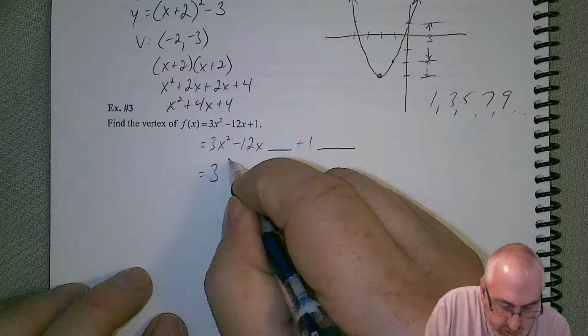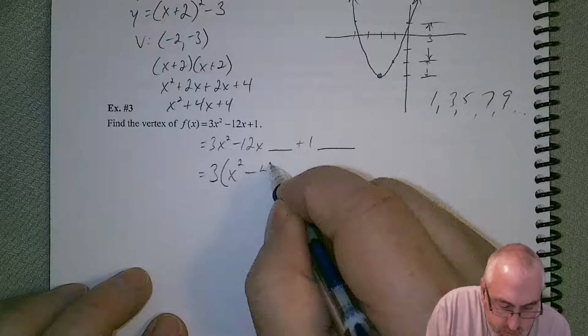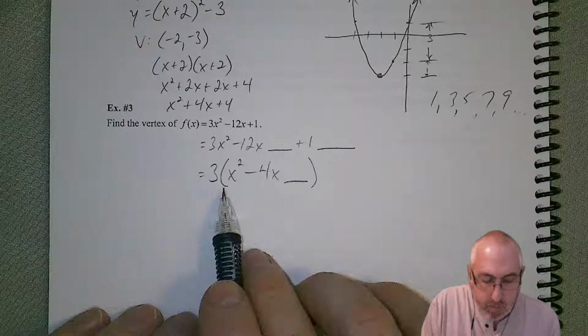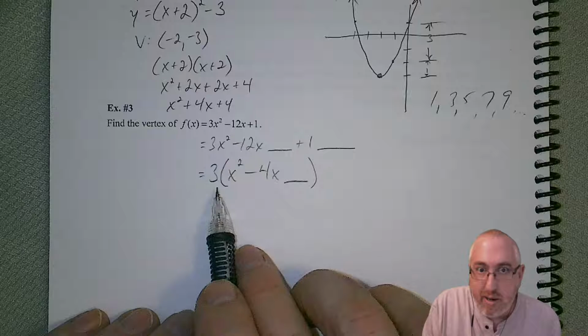So we're going to have a 3, our parentheses, our -4x, and then our blank. Now again, these aren't the same blanks per se, but we're going to put it all together here in a second. So we don't like to have that number glued to the x squared, so that's why we factored it out. We're going to see some more of these as we go, so don't fret.